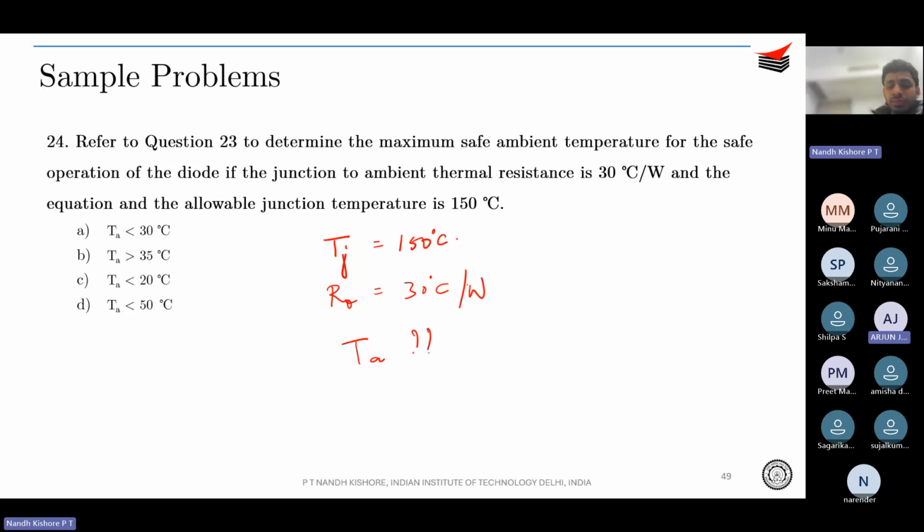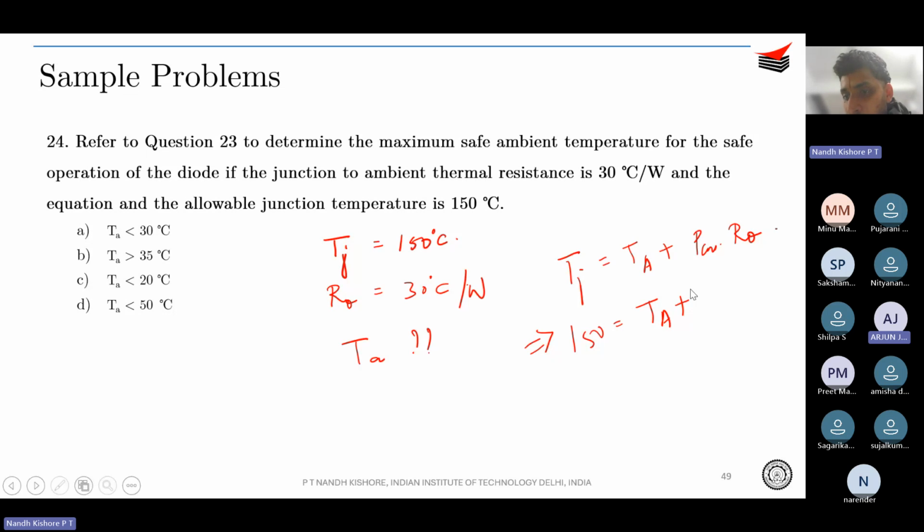So that your TJ does not exceed 150 degrees. Again, go back to the relation that TJ is TA plus P loss into R theta. So 150 is equal to TA plus P loss, which was 4 watts in the previous question, into R theta, 30 degrees per watt.